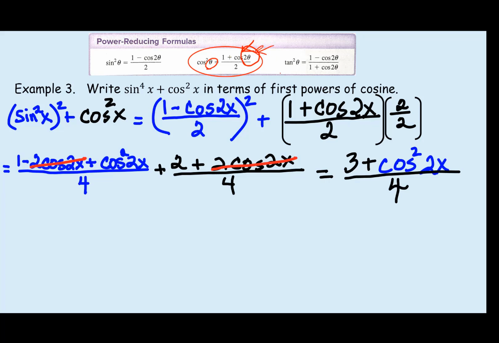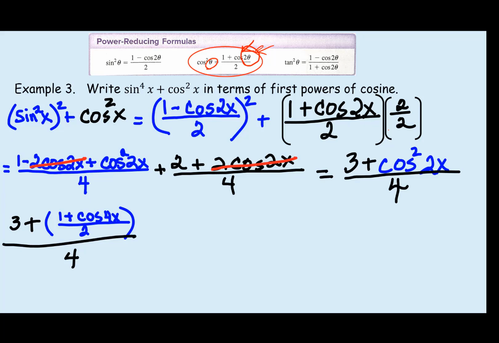So when we write cosine squared 2x, we're going to have 1 plus cosine 4x over 2. So that's all we need to pay attention to. 1 plus cosine 4x over 2. So 3 plus that over 4.